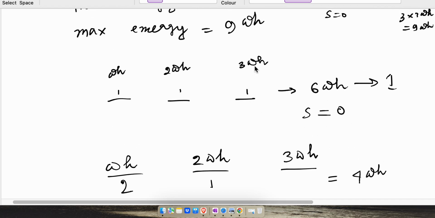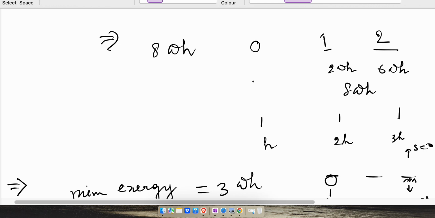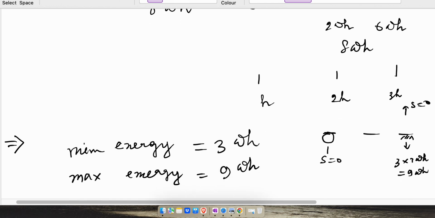For 6 omega h I put here, here and here, so the problem is, okay, the problem is I have not considered the indistinguishable argument here, so that's why it is coming all 0.